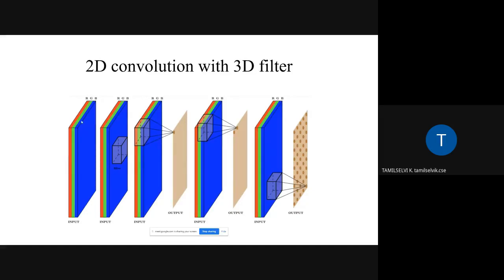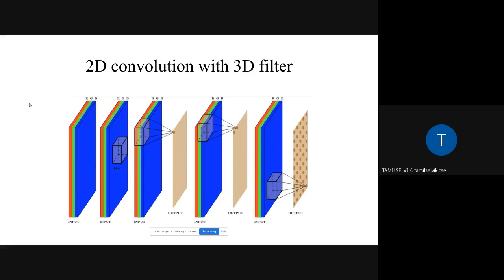If I place a kernel, or a filter, here, it may not penetrate into each and every layer. Please have a look at it. It will only slide over horizontally and vertically, not in the other direction, that is, inside the depth.